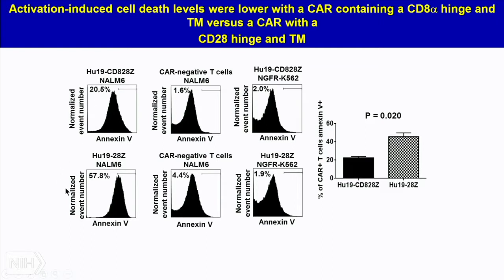You can see here 20% versus 57% for the CAR with the CD28 hinge and transmembrane domain. And this graph shows that the Hu19-CD828Z CAR had statistically significantly less annexin V staining, which is a measure of cell death basically, which in this assay was a measure of activation-induced cell death, compared to the Hu1928Z CAR T cells.